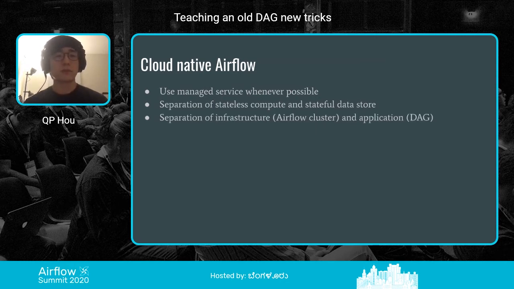The third principle is for separating of infrastructure and application. So here, by infrastructure, what I really meant is the Airflow cluster, right? So the actual Airflow code. And then by application, I mean the DAGs that are developed by the external teams.